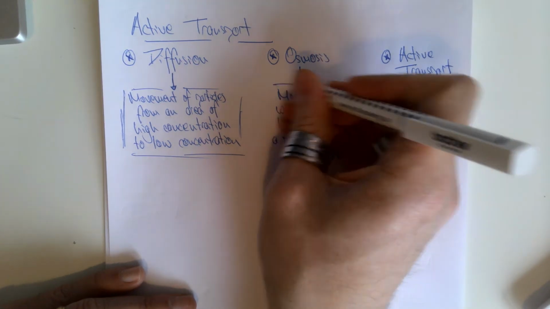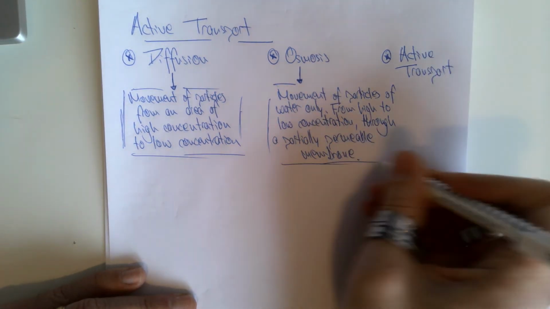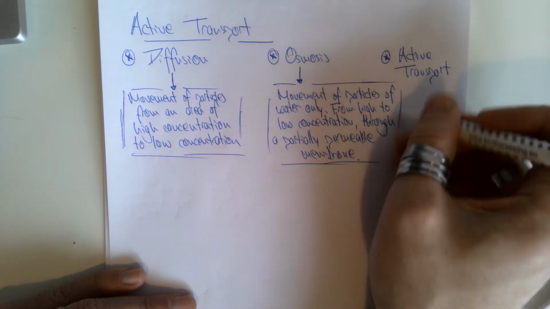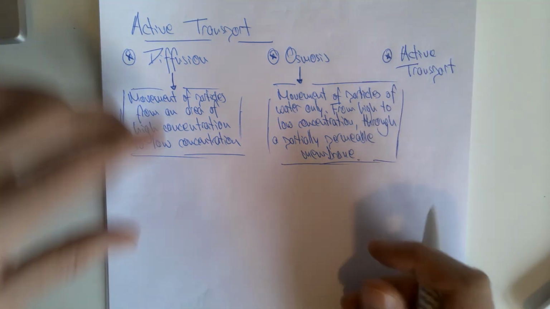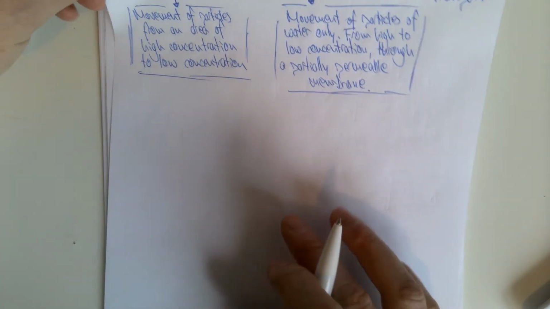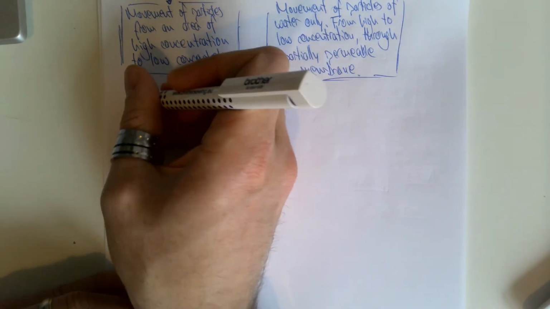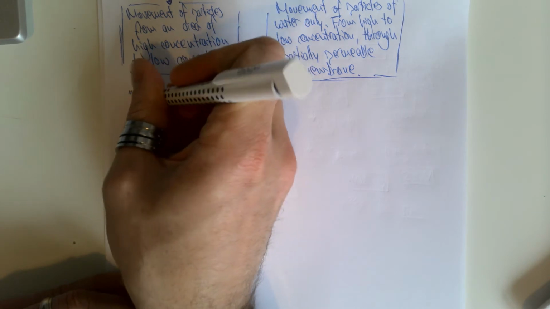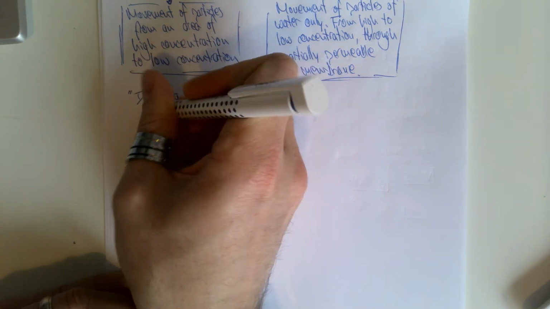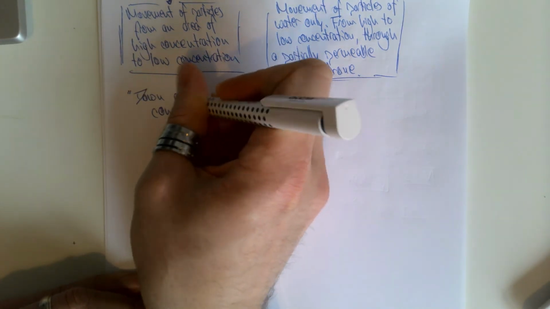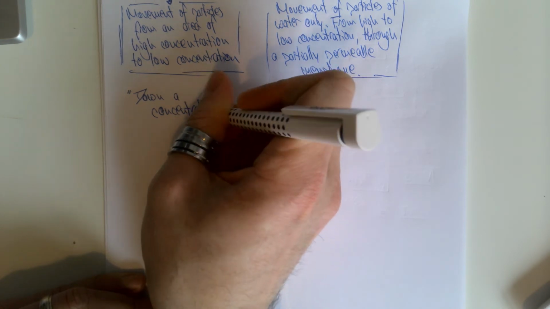Now, a couple of key ideas just to highlight in this. Often, you see this description of movement being described as down a concentration gradient.